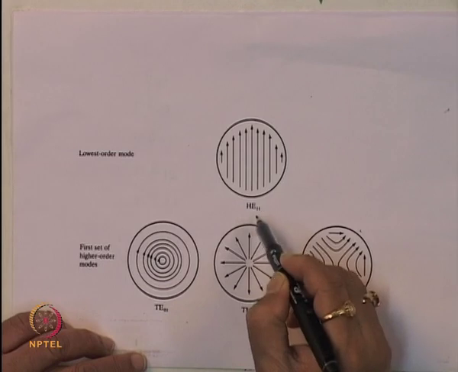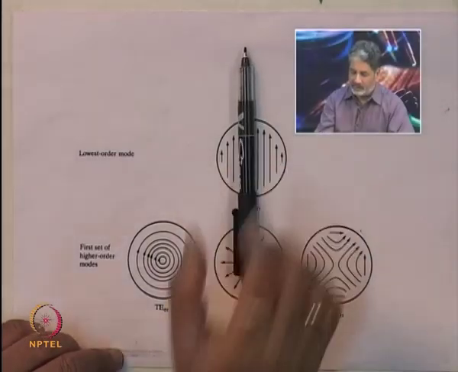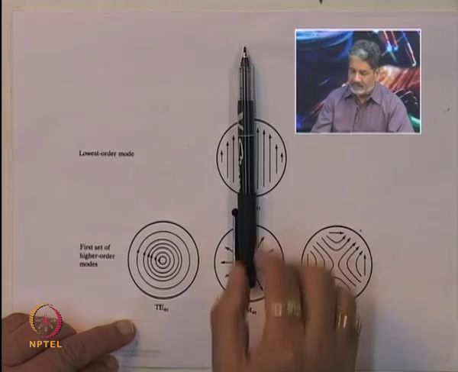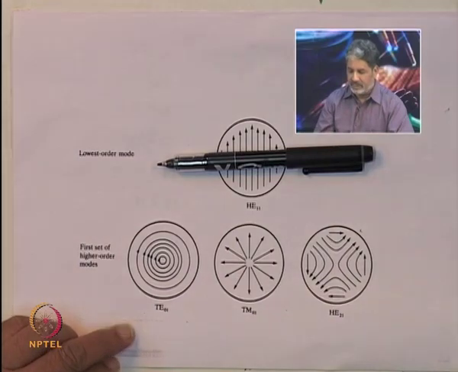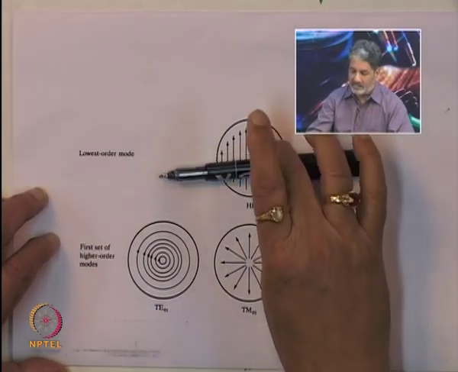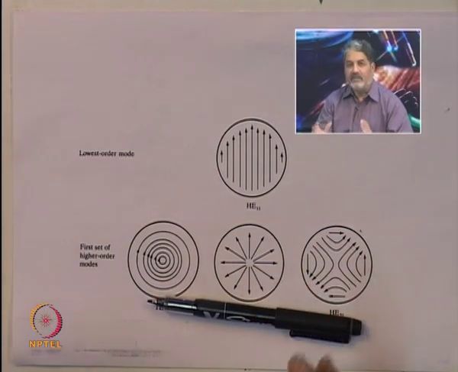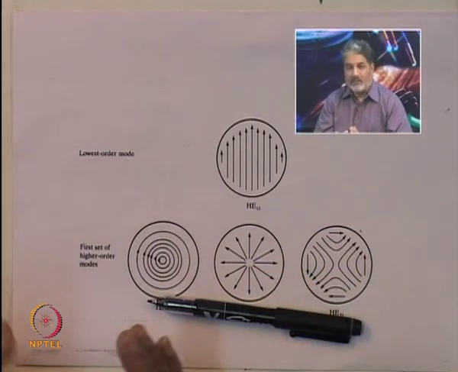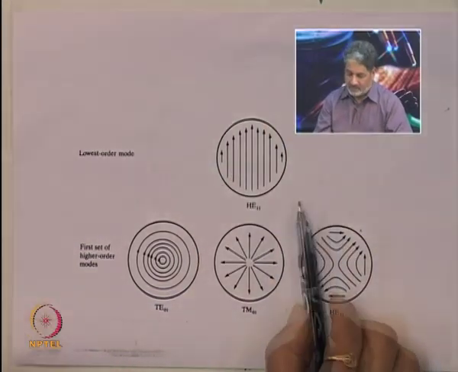that is the field distribution which you are going to get for the HE11 mode. Now, as you can see here, the electric field is oriented this way, but there could be electric field which is perpendicular to this, which is orthogonal to this electric field, that will also have the exactly identical intensity distribution, or in other words, it will also have the propagation characteristic identical to this direction of the electric field.